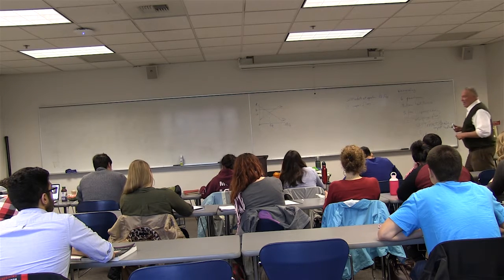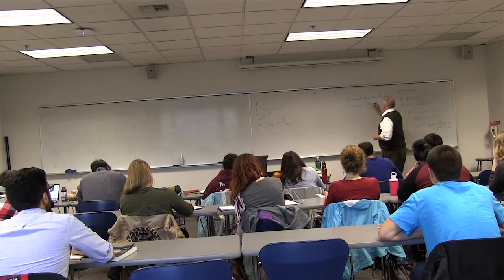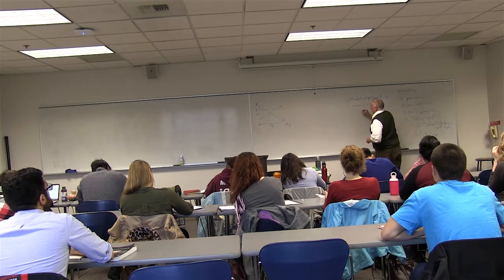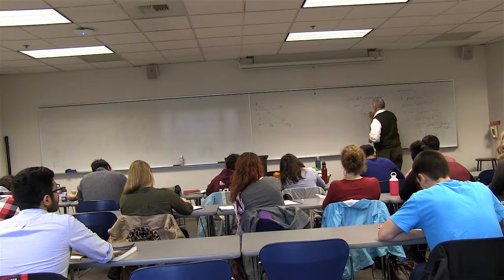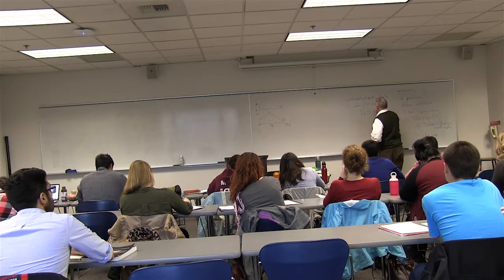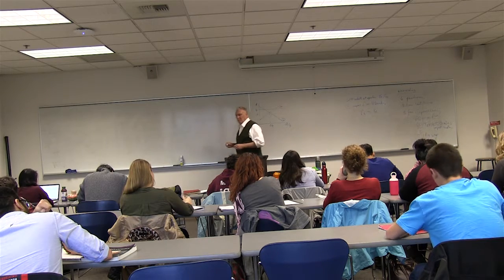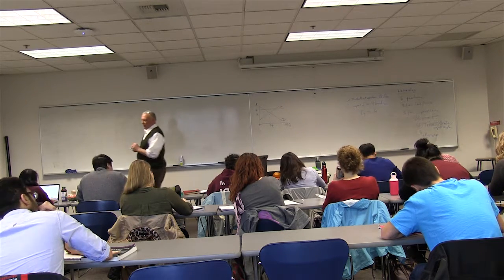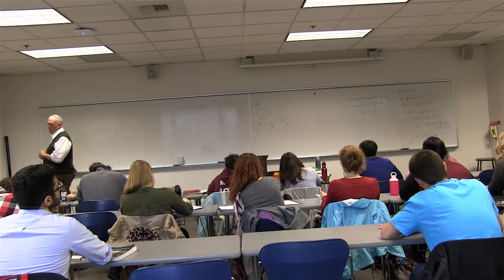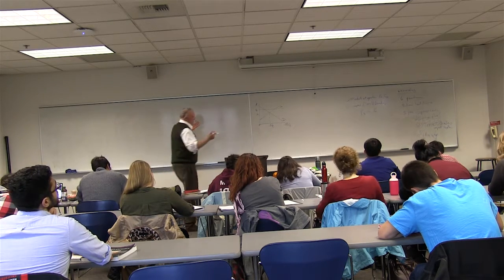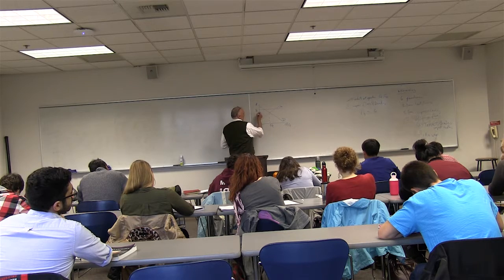It's binding, exactly. It's binding, which means the price floor is greater than the equilibrium price. Everybody with me so far? That's all I've done. That's what I've done over here.